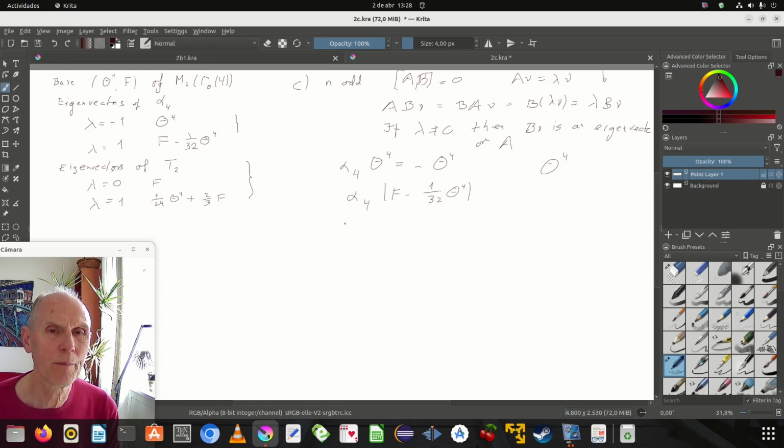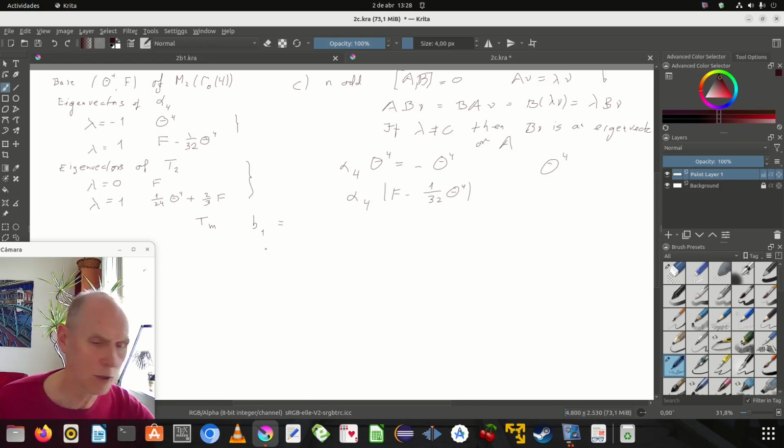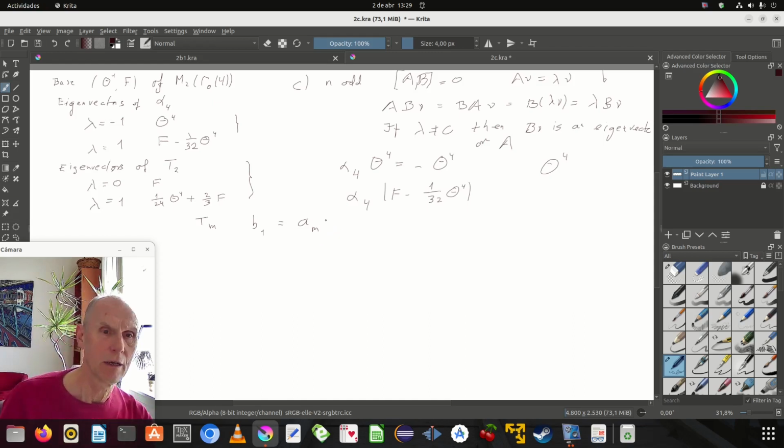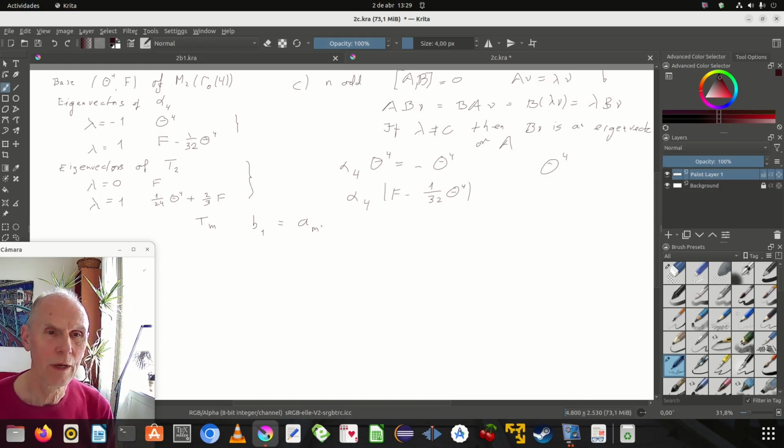Because now if we take Bm, Tm, and then take the first coefficient, I believe that's actually in the book. It's a mn, and that was a m. So we can just write n instead of it.